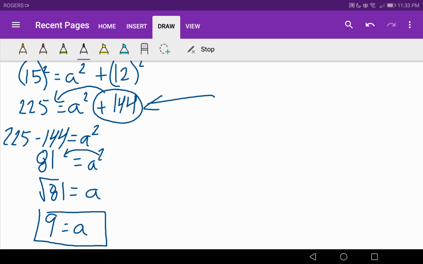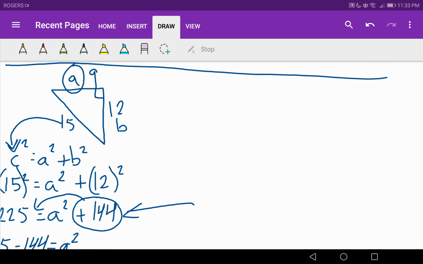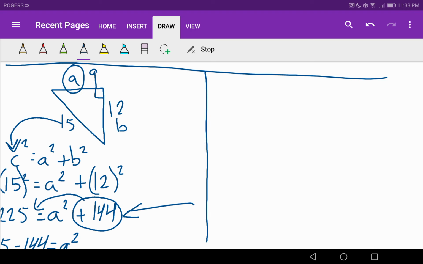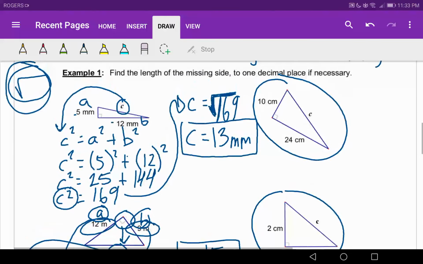All right, so I'm going to do one more example of this just so we get the hang of it. I'll go a little bit quicker with it since we've gone through it once. Okay, I'm going to take a triangle that we've already worked with again, so I'll use the first one. So 5, 12.